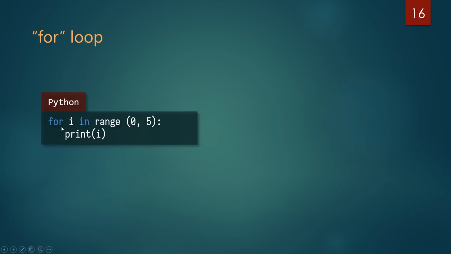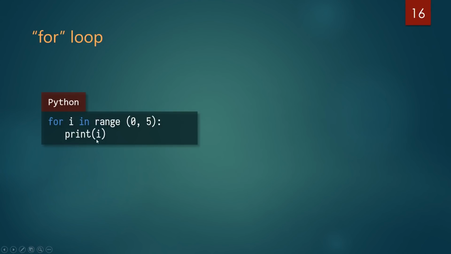So if you have a piece of code, let's say 5 lines of code, that you want to execute over and over again, let's say 5 times, rather than copy and paste it 5 times, you can put it inside a for loop. So for i in range, this is the Python version, but basically i is just a special counter. i will take the value of 0 at first and execute this code.